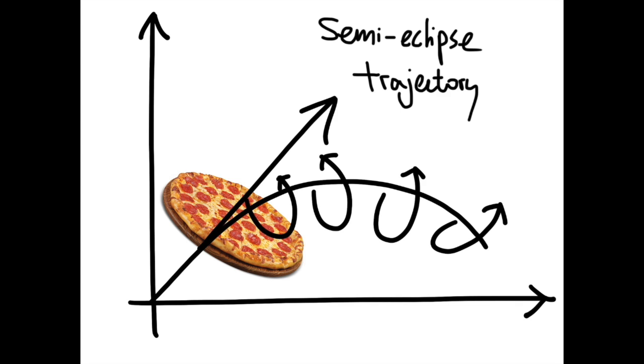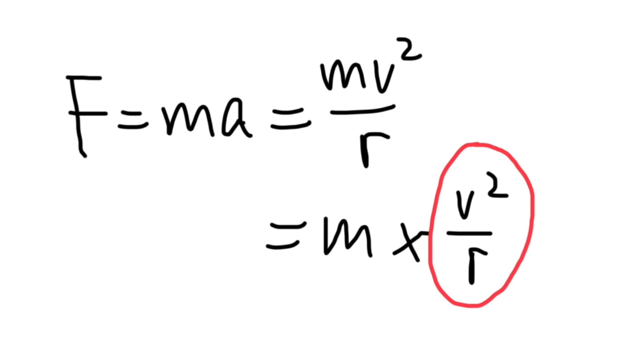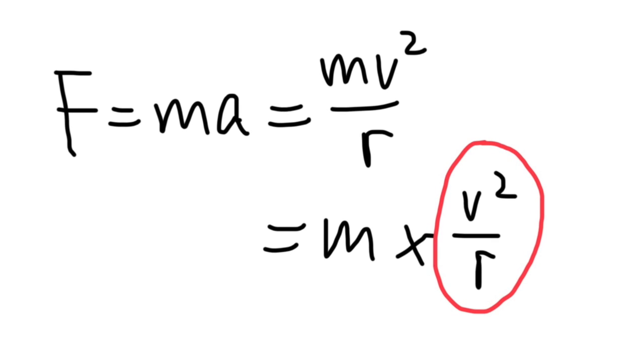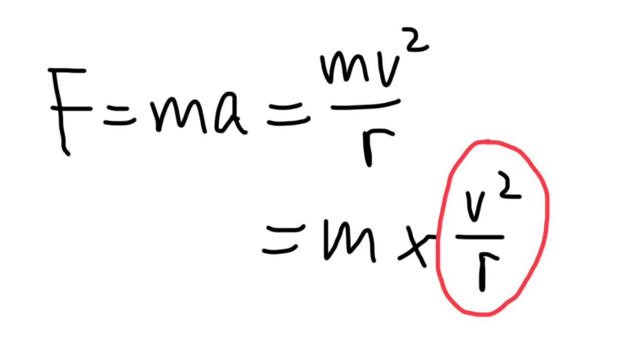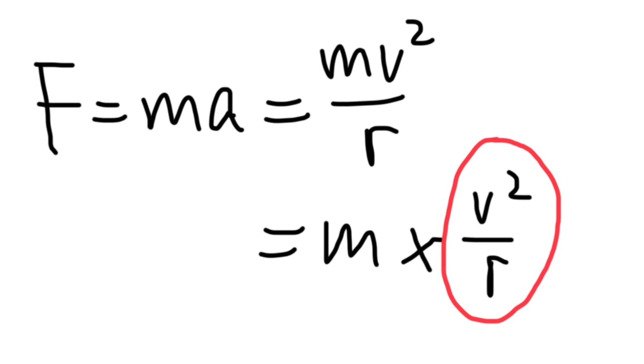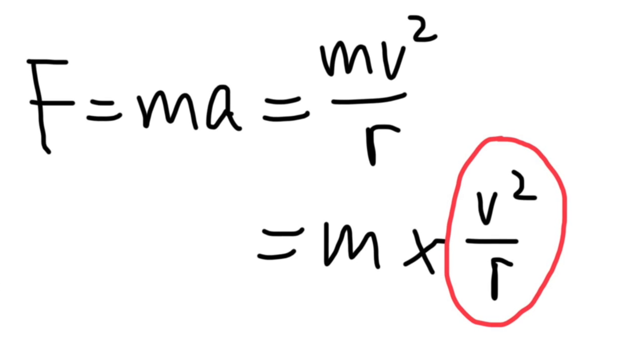The tangential velocity of the pizza can be derived from a well-known and beloved Newton's second law, F equals ma. Anyway, from F equals ma, mv squared divided by r, we can say that v equals f multiplied by r squared divided by m. So the bigger the radius, the faster the rotation.